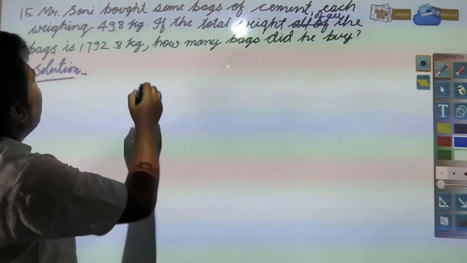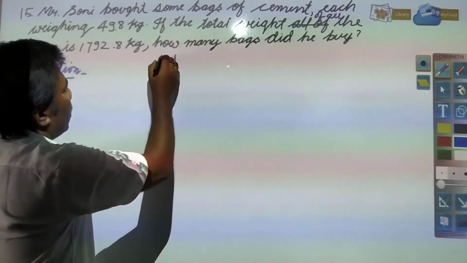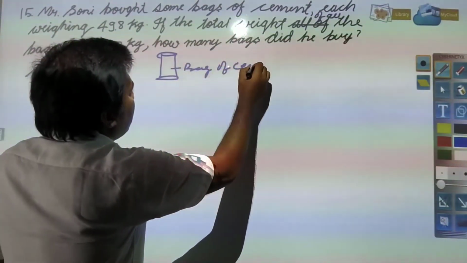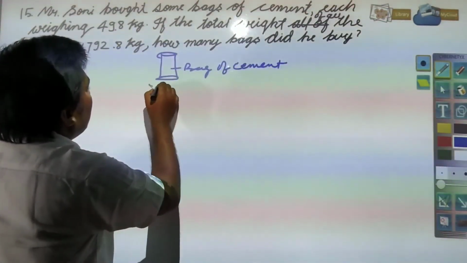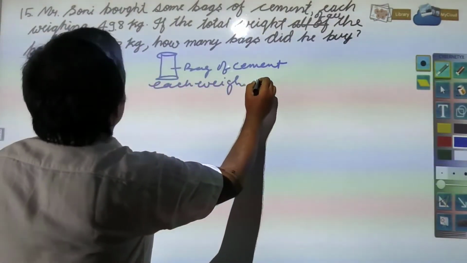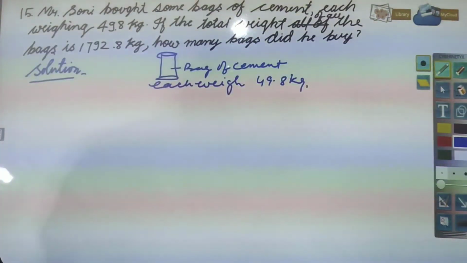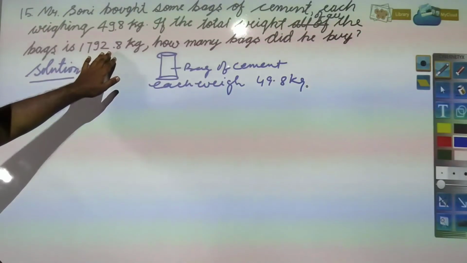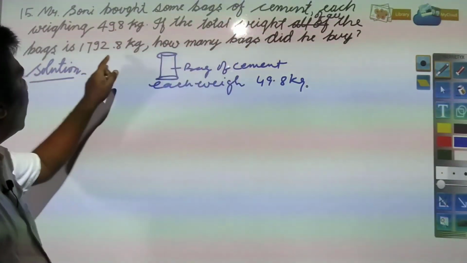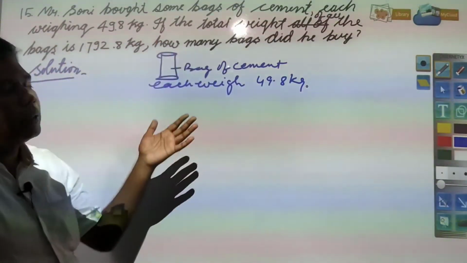Suppose this is a bag of cement, each weighing how much? 49.8 kg. The total weight of all the bags is 1792.8 kg. How many bags did he buy?